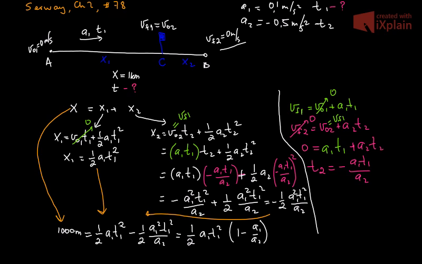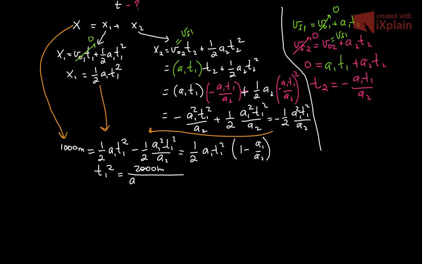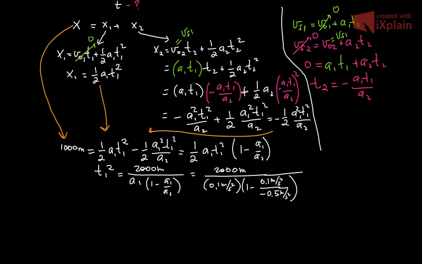If you manipulate this equation and solve for t1, you will get t1 squared equals 2,000 meters divided by a1 times 1 minus a1 over a2, which equals 2,000 meters divided by 0.1 meters per second squared times 1 minus 0.1 meters per second squared divided by negative 0.5 meters per second squared.